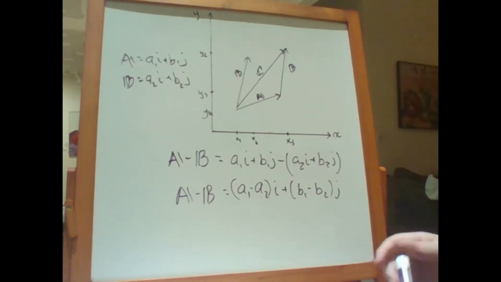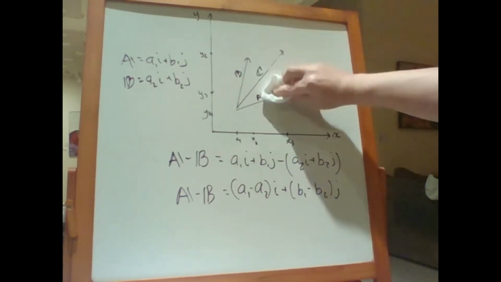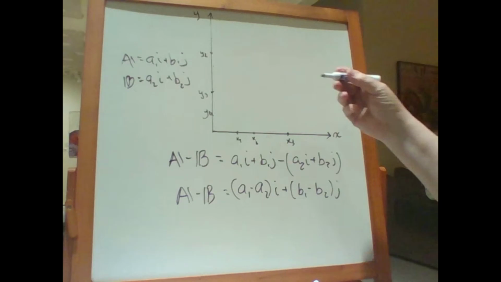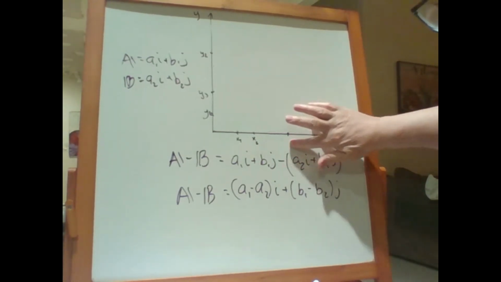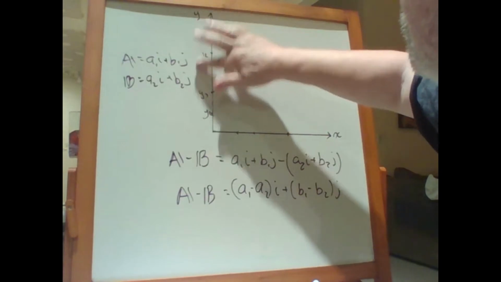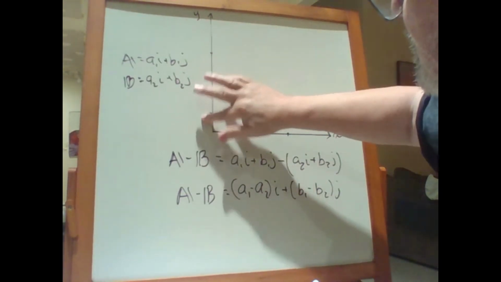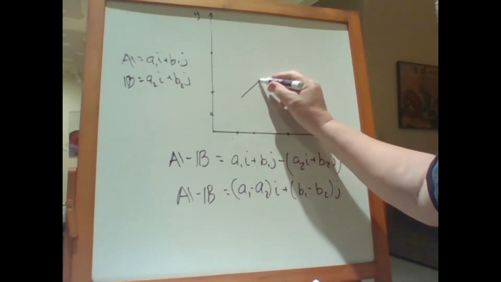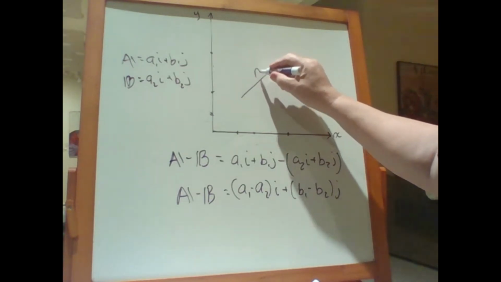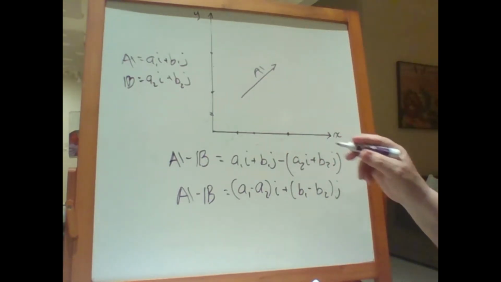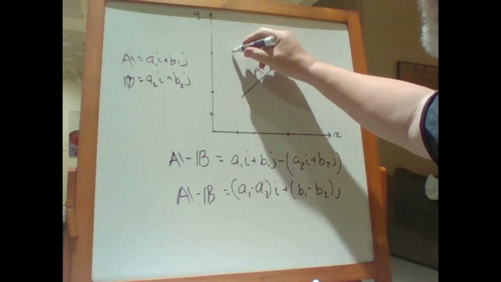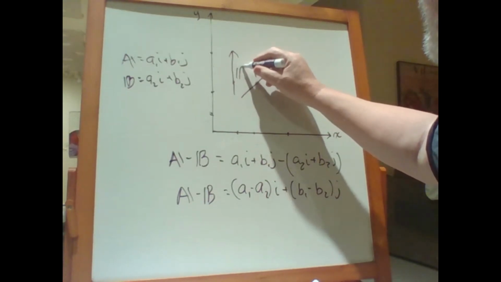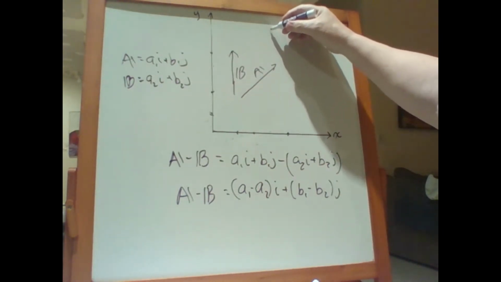And when we do the representation in terms of arrows, we have a and b, well, we wouldn't put the b in the same direction.